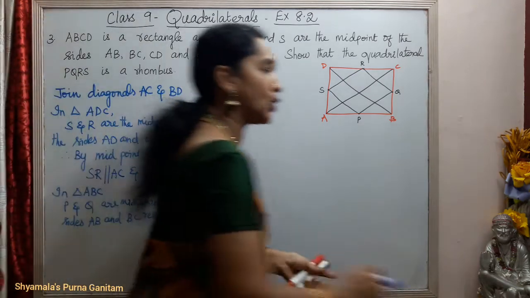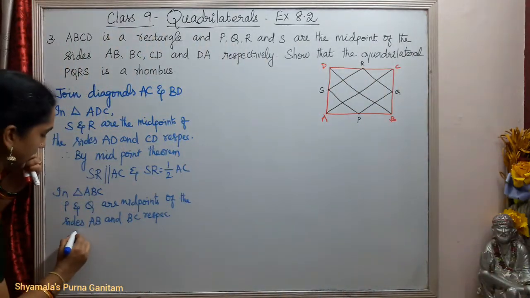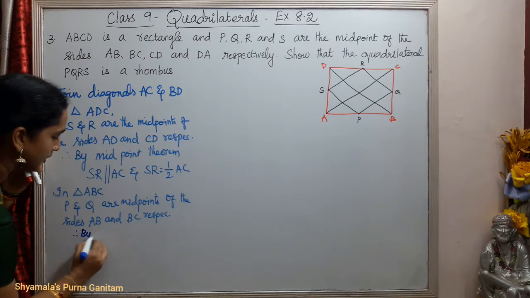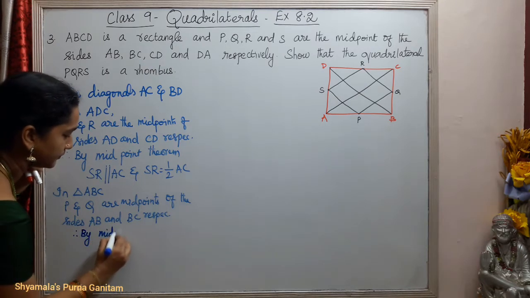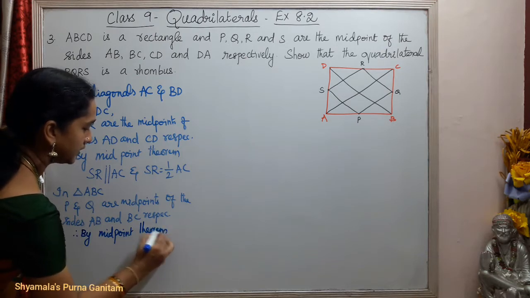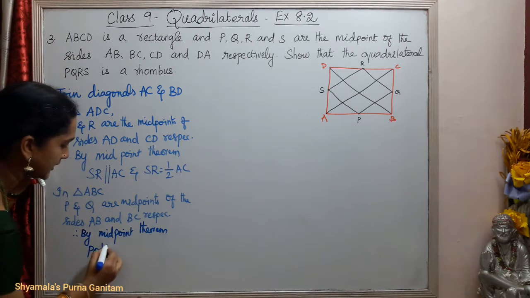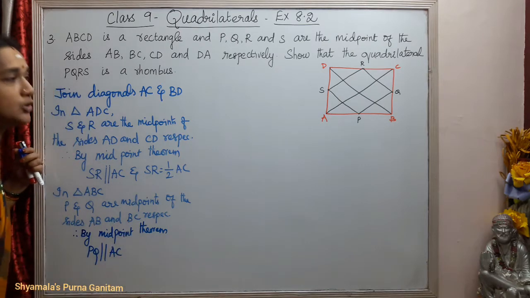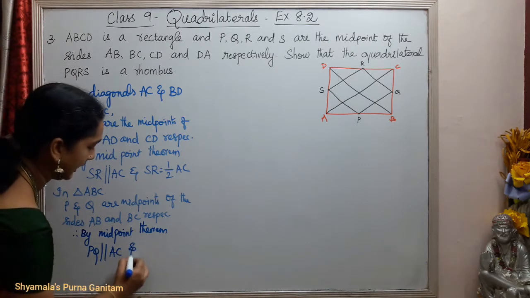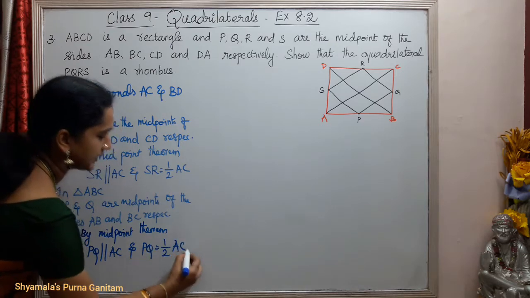If these two are the midpoints, then by the midpoint theorem, PQ is parallel to AC and PQ is equal to half of AC.